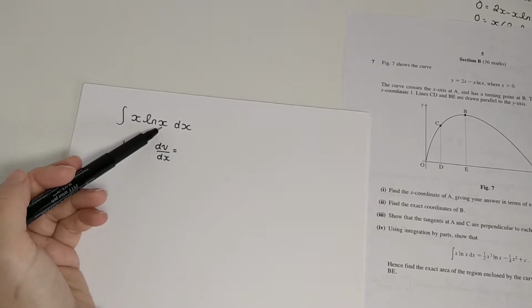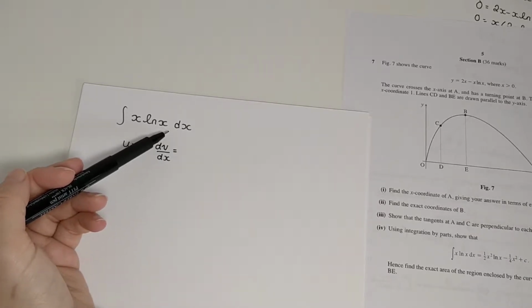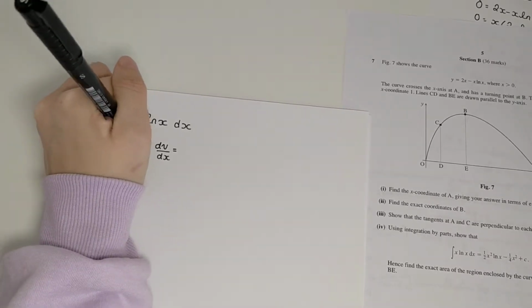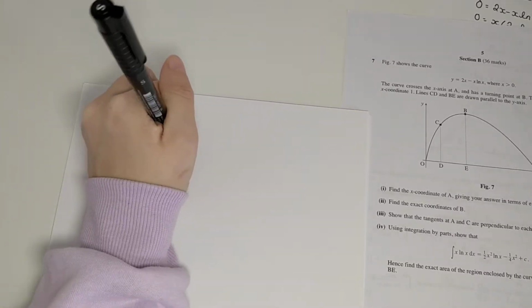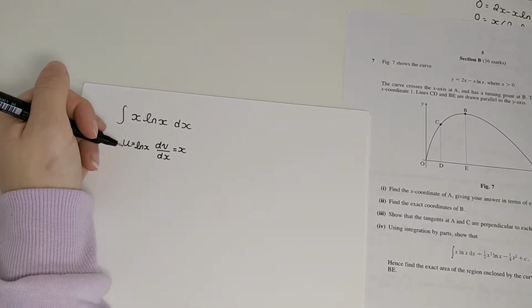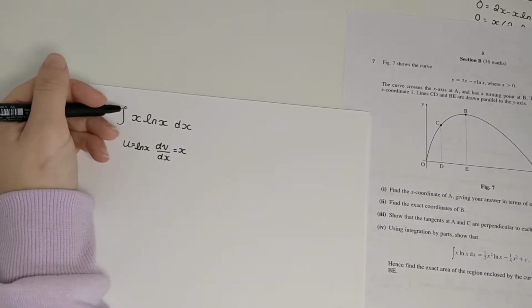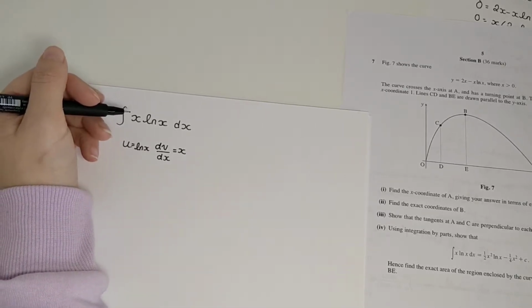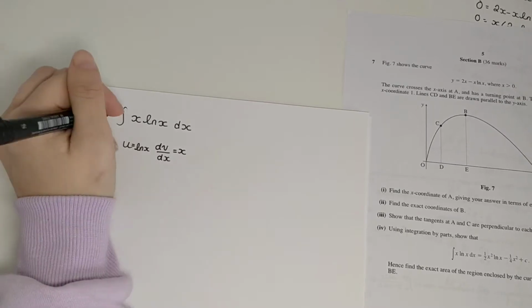Well, I don't know how to integrate log, do I? So I have to make that the one that I differentiate. When I say I don't know how to integrate log, you need to use integration by parts anyway, because you have to turn it into a 1 times log x. So it wouldn't be helpful.